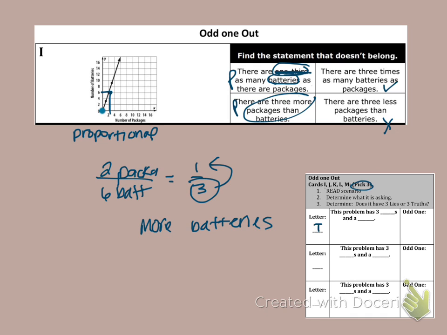So answer choice I, there are 3 lies and 1 truth. There are 3 batteries per 1 package. The odd one out was 3 times batteries.